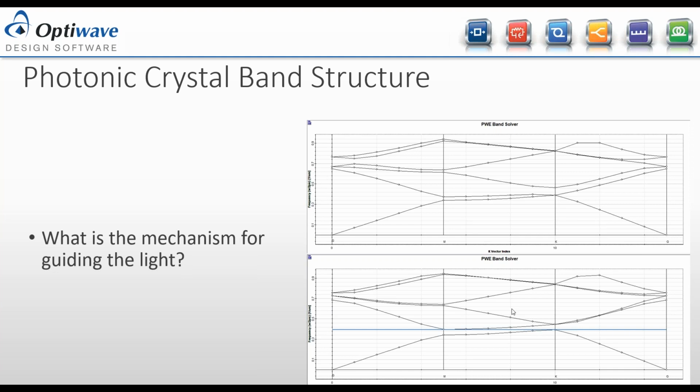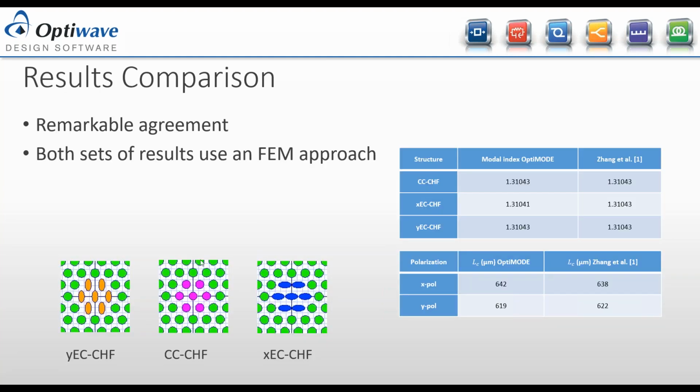So what's the mechanism for guiding the light if there's no band gap in the structure? And basically, it's just because if you calculate the average refractive index, and I'll switch over to another picture here, maybe this one. So let's look at the purple core one here.